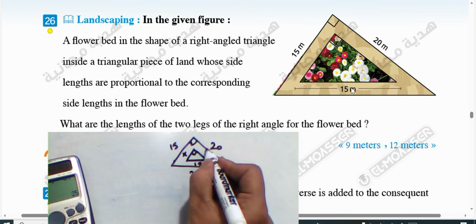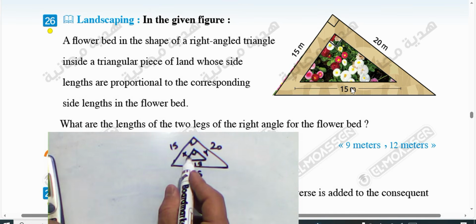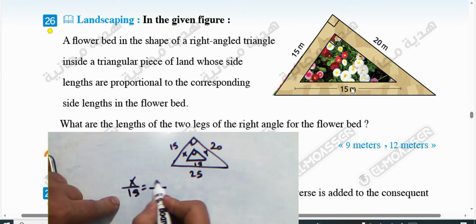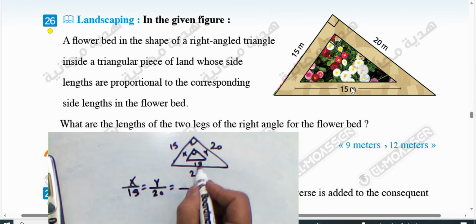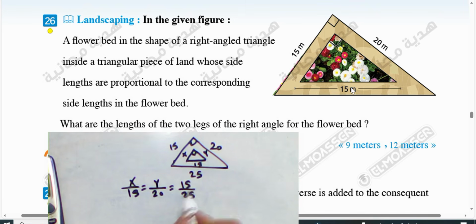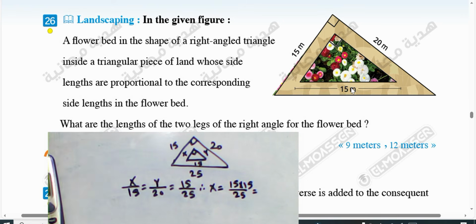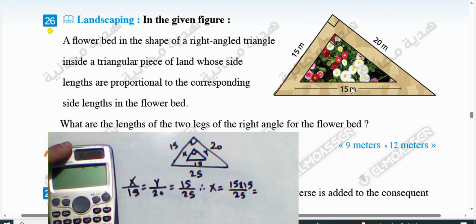We put here x and here y, and the ratio between x to 15, because we have similarity between the 2 triangles. X over 15 equals y over 20 equals 15 over 25. Okay, then we can find the value of x, right? 15 times 15 over 25 equals 9.